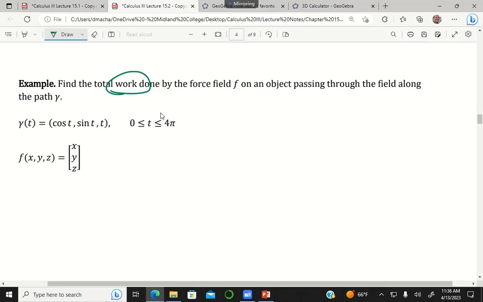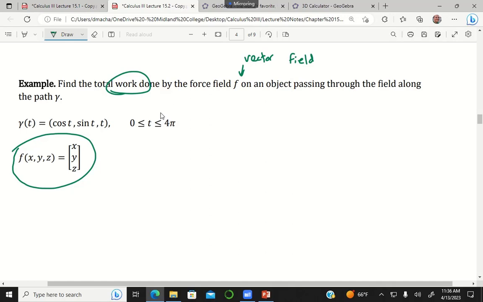So F is a vector field of force vectors acting on an object passing through the field along the path gamma.